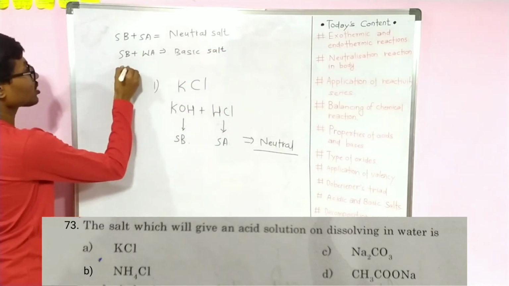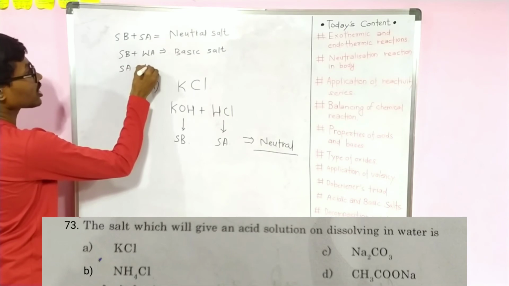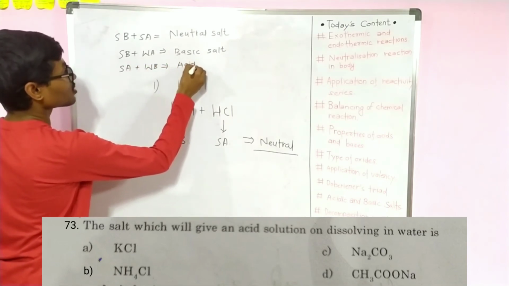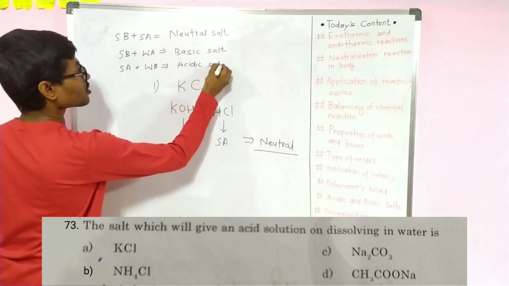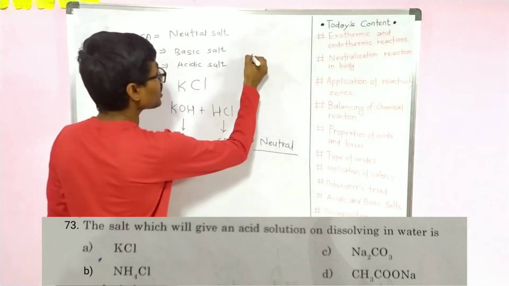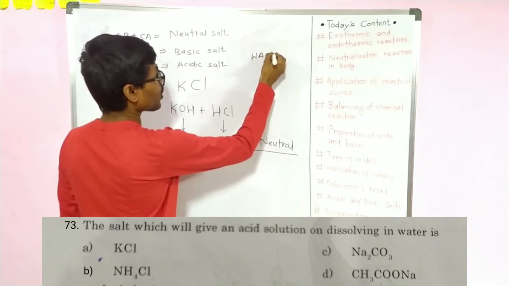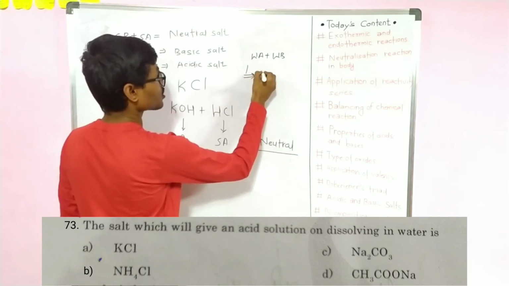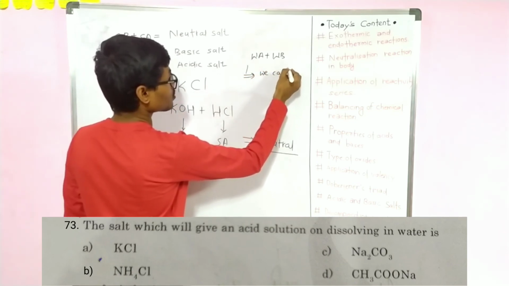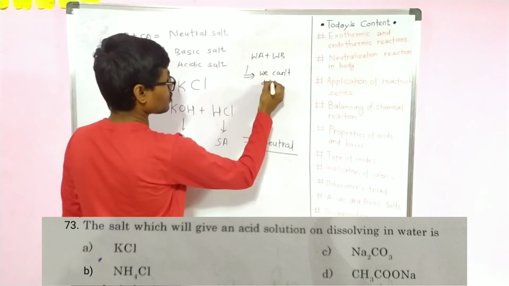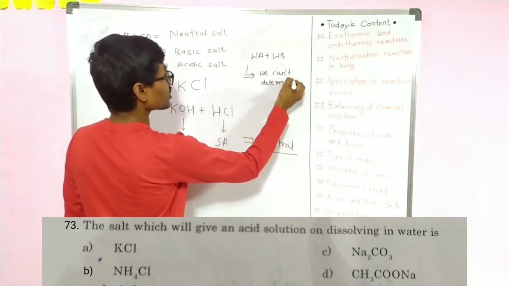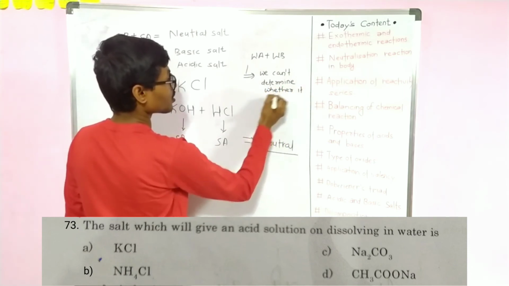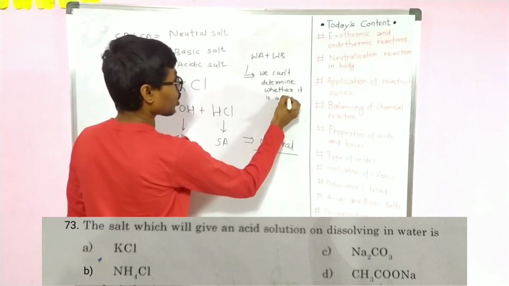Now when strong acid plus weak base combine, they form acidic salt. And when weak acid plus weak base combine, then we cannot determine whether it is acidic or basic.